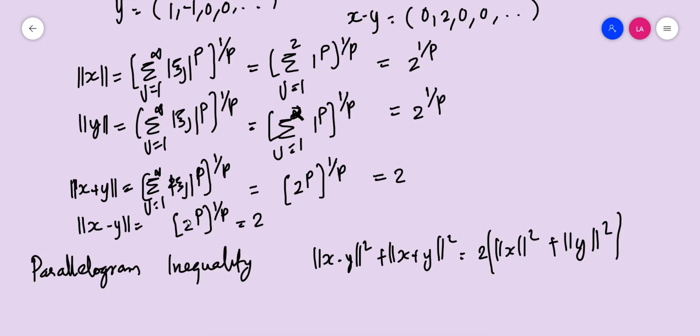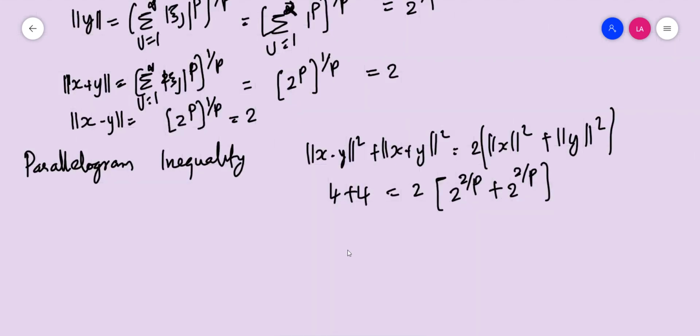Here the norm of x minus y is 2 and the norm of x plus y is 2, so the squares give 4 plus 4, which is 8. The right side is 2 times 2 raised to 2 by p plus 2 raised to 2 by p, which is 4 times 2 raised to 2 by p.